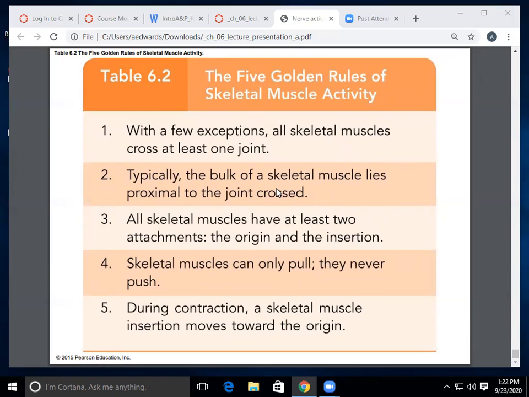Even though it may look like I'm pushing, what's actually happening here is that my tricep is contracting. It's actually pulling, so it's pulling to make the muscle contract. During contraction, the skeletal muscle insertion moves toward the origin.